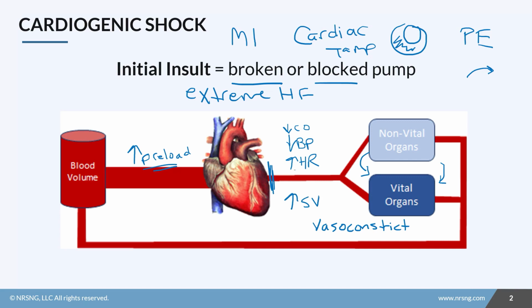Remember, afterload is measured by SVR. So can't go forward, so we have an increased preload, decreased cardiac output and blood pressure. Our compensation is increased heart rate and an increased SVR. So again, we're shunting away from our non-vital organs and towards our vital organs. What we're left with is a pumping system that is entirely broken and vital organs that are not getting the blood that they need.